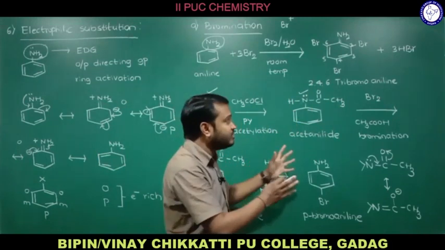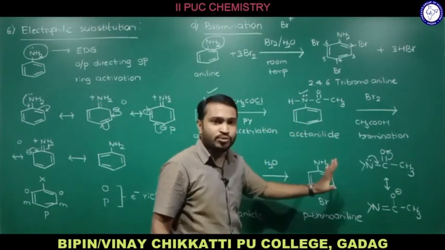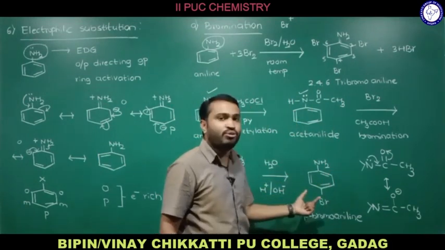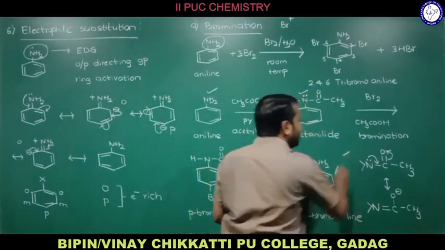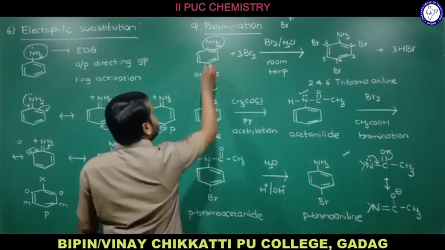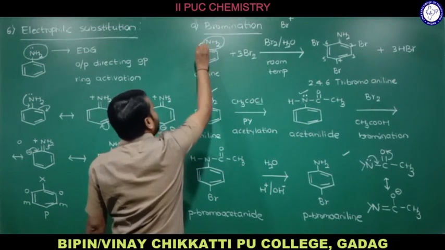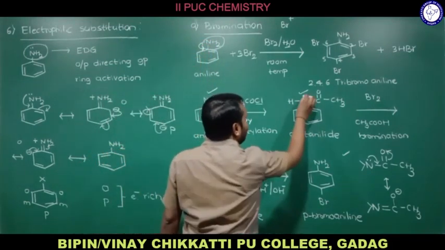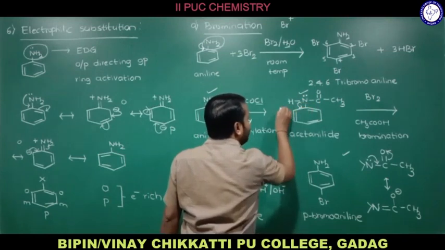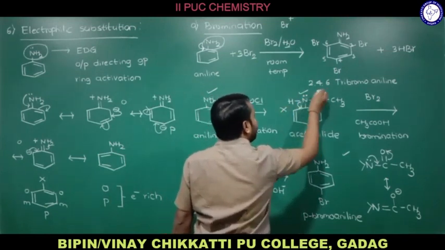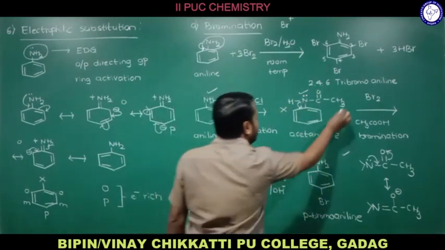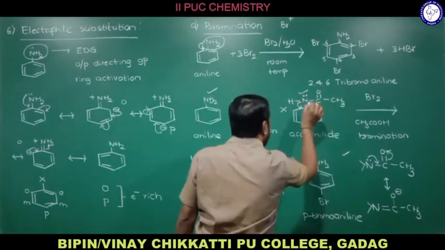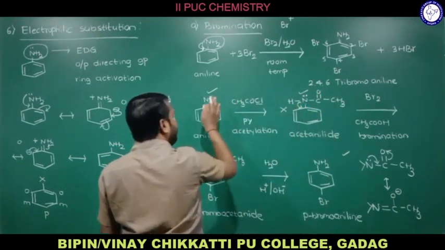Because of that reason, we won't get a tri-substituted product, we will get only a mono-substituted product, and this is the reason for that. Whereas in aniline, the lone pair of electrons is involved in delocalization. In this particular example, the lone pair of electrons is not involved in delocalization, it interacts with the oxygen. Therefore, this particular group is less effective, less active when compared to NH2.